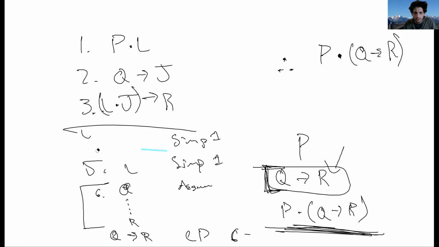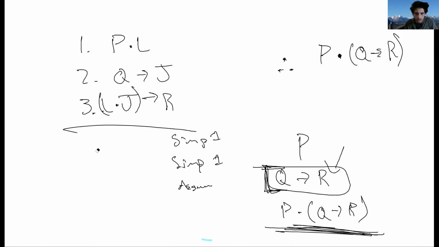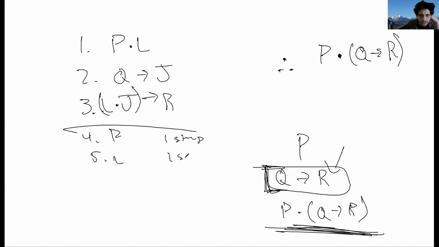Let me write this up a little bit more nicely. Okay. So in this case, we can say, all right, 4 is P, 1 simp. 5 is L, 1 simp. 6 is, now we're going to start the subproof. 6 is assume Q. And then 7, so now we have that modus ponens match.